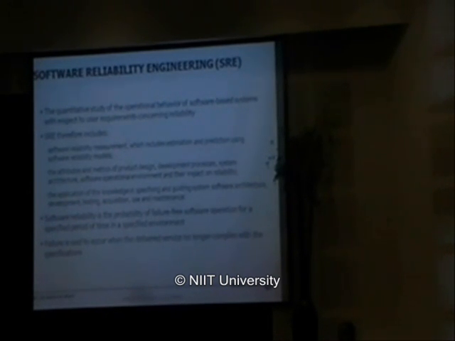Typically you specify, like if you're building a telephone switch, it should perform at this level, set up a call in so much time at a certain call rate, so many calls per hour. So you have requirements and your product should work within those requirements. And you have a failure when the delivered service no longer complies with this specification.